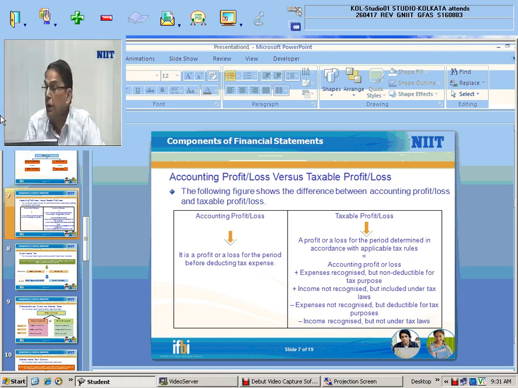If any entity or organization makes a single cash expenditure of more than 20,000, then they may recognize this expenditure in the accounting profit and loss, but for calculation of taxable profit or loss, this expense will not be allowed to be deducted. That is as per the tax law of our country.